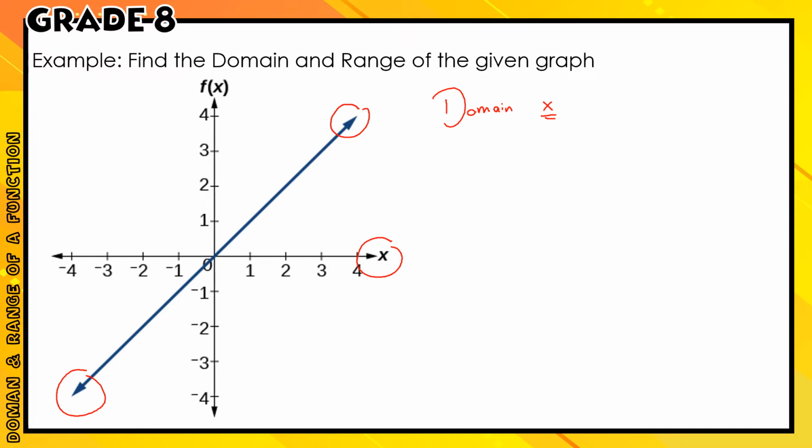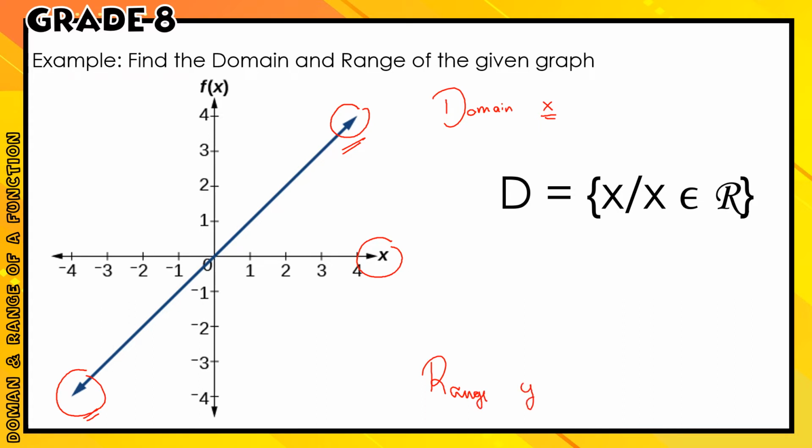This means that if the arrowhead is continuous, all the positive values of x will be hit. And going down, all the negative values of x will also be hit. In other words, our domain is x such that x is an element of real numbers, meaning all numbers, whether positive or negative. Then let's look at the range.